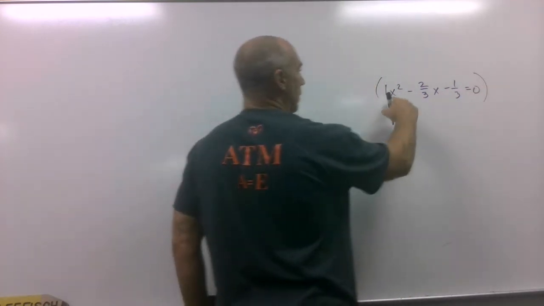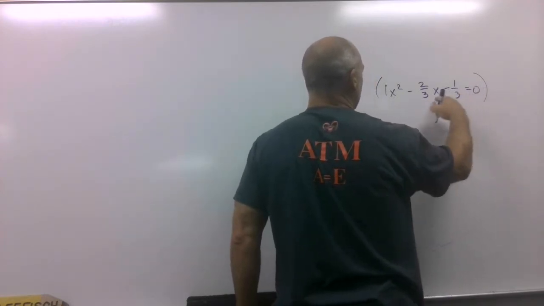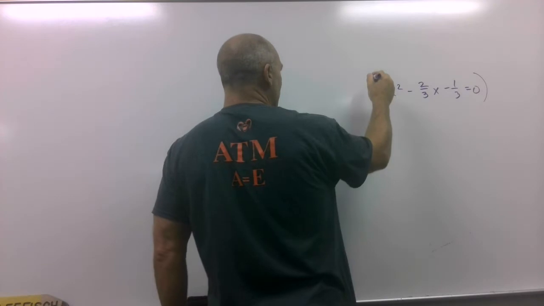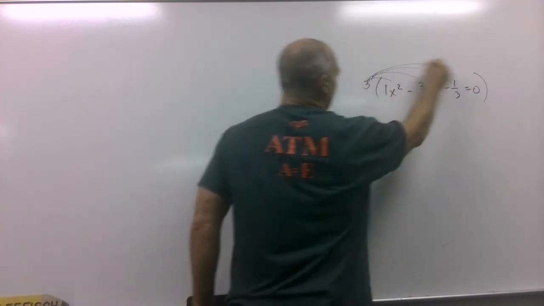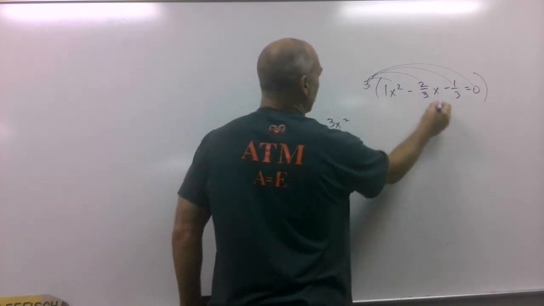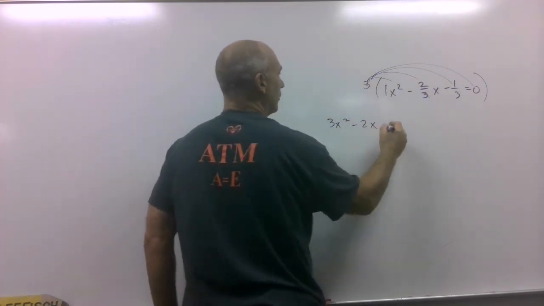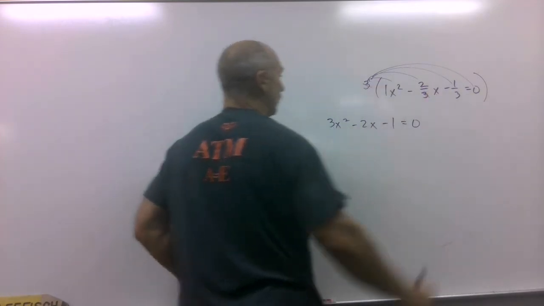So what number could I multiply all of this by to get rid of all those fractions? Well, that would be a 3. So if I distribute, and distribute, I'd get 3x². These would cancel, -2x, and then 3 times -1/3 is -1 equals 0.